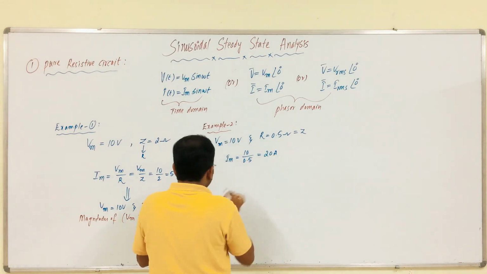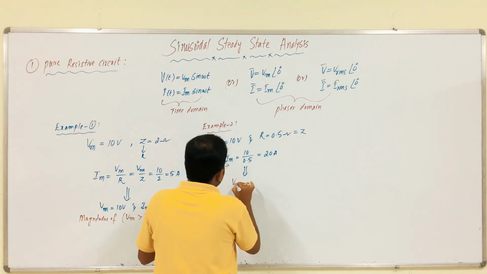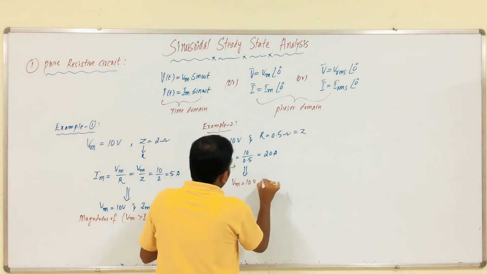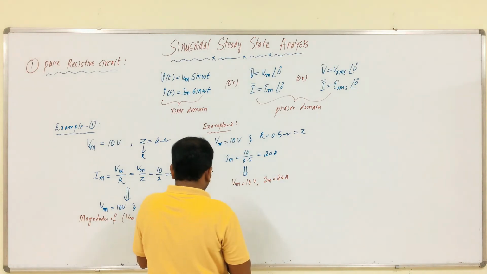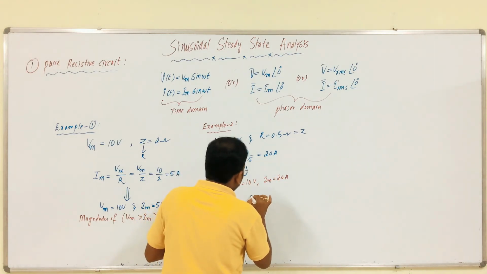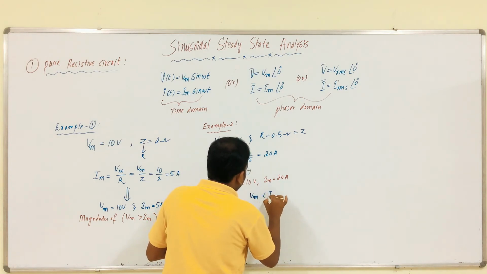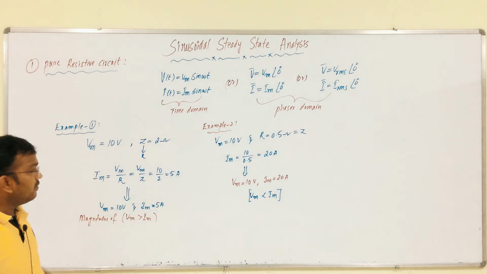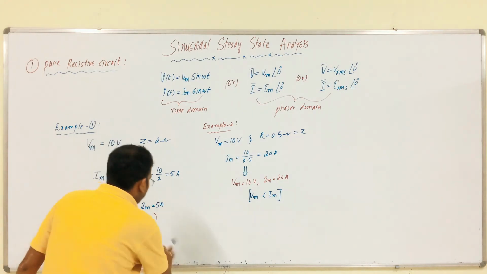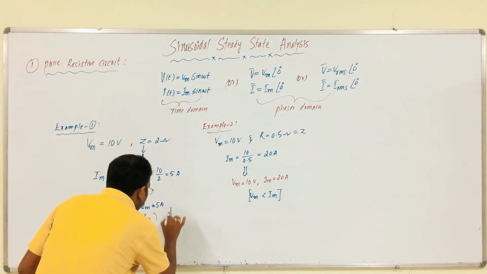In this case, Vm is 10 volts, Im is 20 amperes. So, what is the conclusion point here? Vm is less than Im, that is Im is more than Vm.